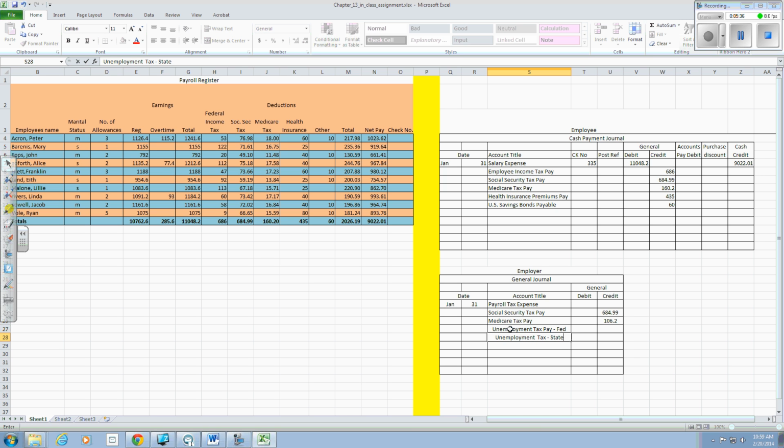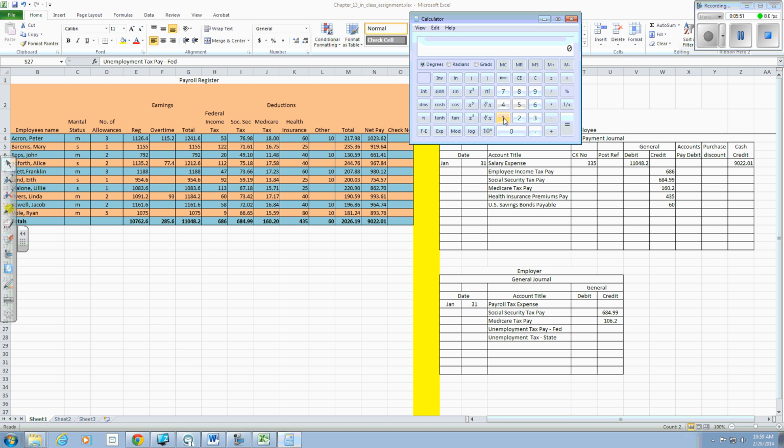Now, how do we get those? Well, we said earlier that none of our employees are over the limit, so we're just going to use our gross pay. So we're going to take this $11,048.20. Let's get our calculator out. We're going to multiply it by the unemployment tax rate, which is 0.8% or 0.008. That's going to give us $88.39.